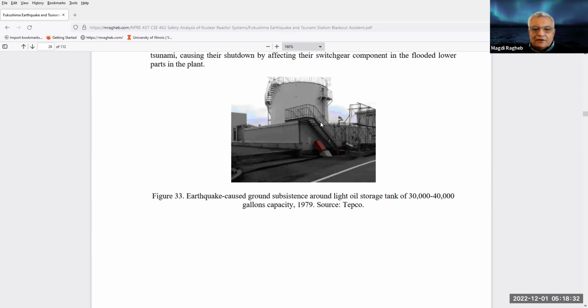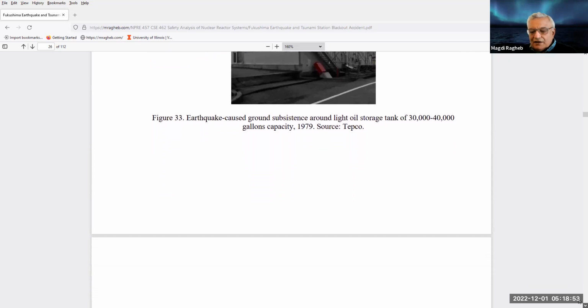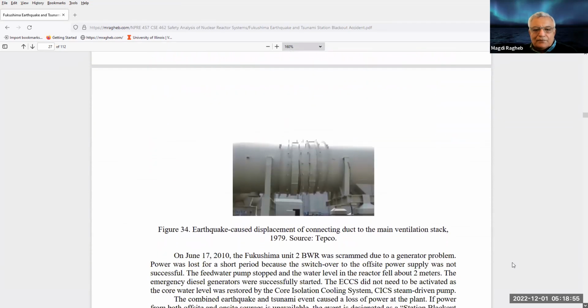So that shows us some equipment damage. The earthquake caused ground subsidence, meaning that the ground fell down around a light oil storage tank that has a capacity of 30,000 to 40,000 gallons. So that was in 1979. You'll find that some earthquakes also caused damage to the piping.